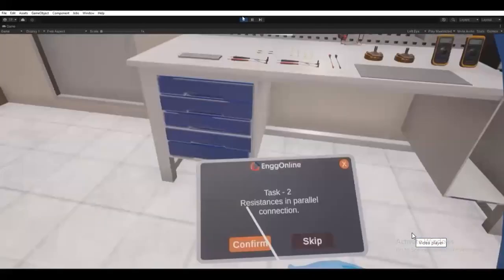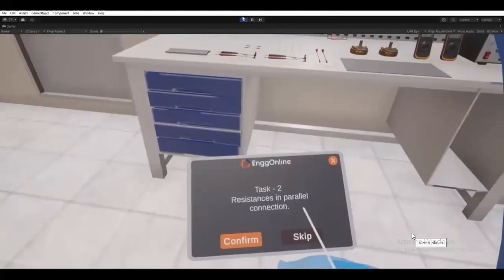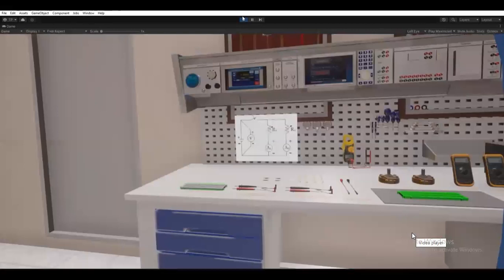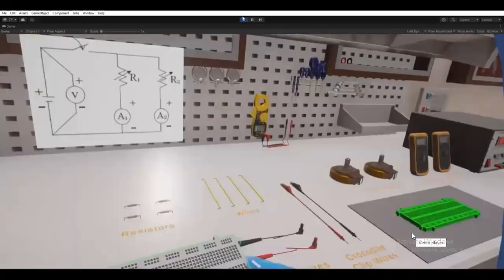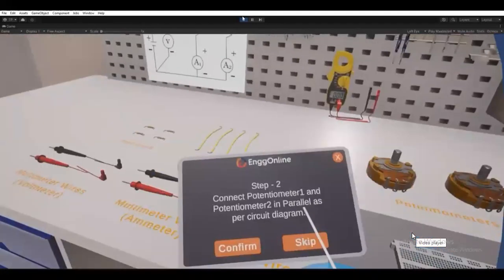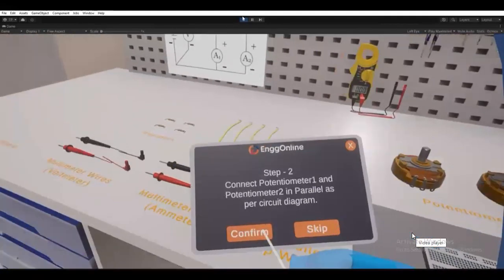Task 2. Resistances in parallel connection. Step 1. Take breadboard. Step 2. Connect potentiometer 1 and potentiometer 2 in parallel as per circuit diagram.